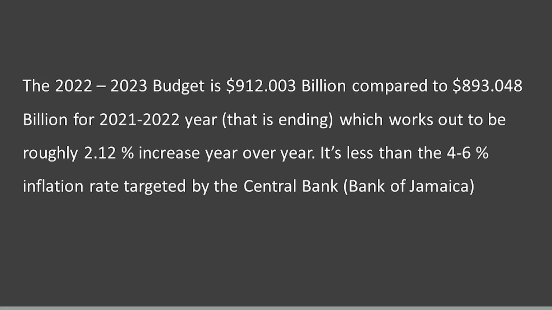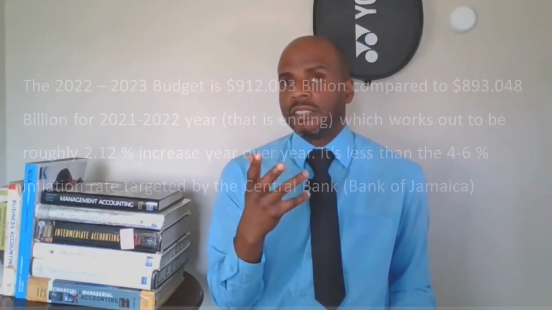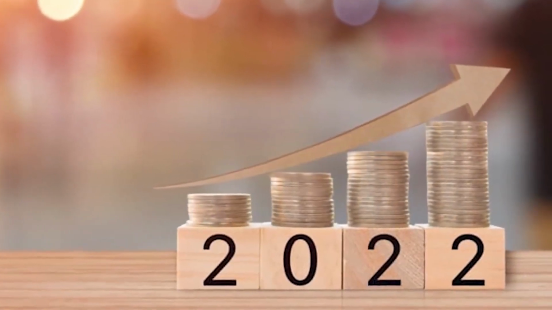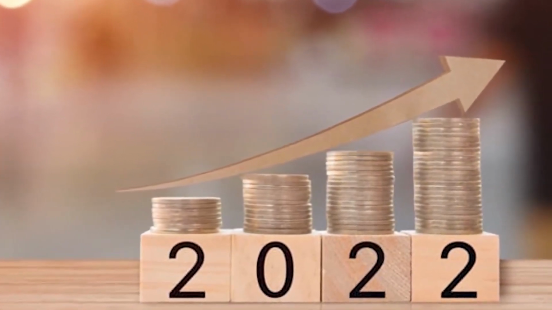Now, 2.12% increase year over year. It's less than the 4.4 to 6% inflation rate targeted by the central bank. And to be frank, the inflation rate, which is really your price increases of goods and services, right? The inflation rate is somewhere hovering around 9% now, bordering on 10%.